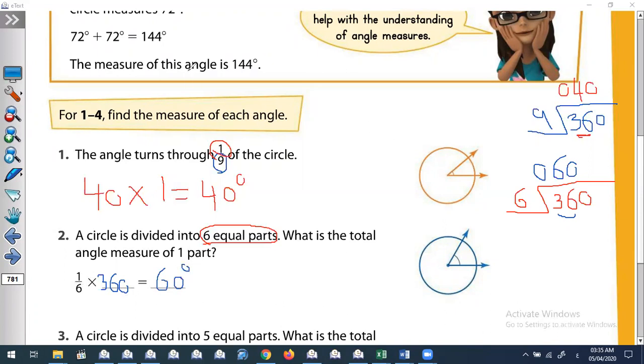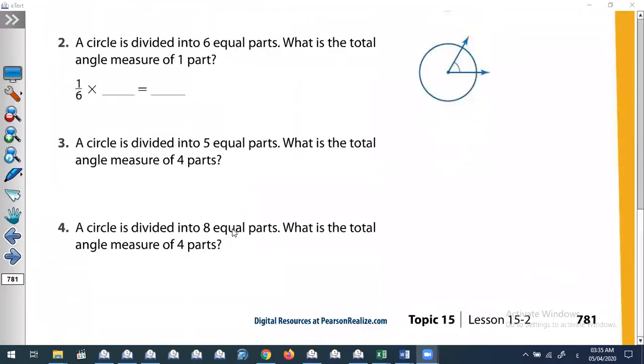The next exercise. Here, a circle is divided into 5 equal parts. So I will divide 360 by 5 first, to find each part. 360 by 5, we found it before in the previous exercise.